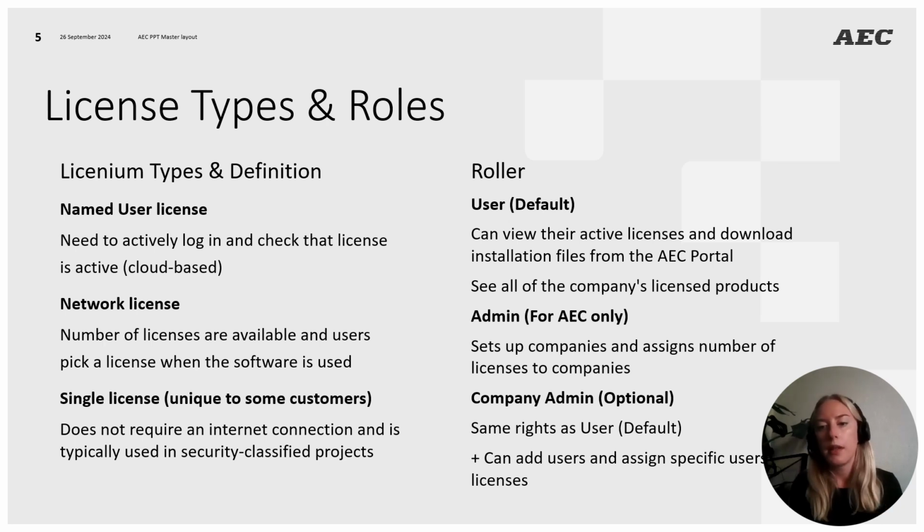You will also see what types of licenses your company has. And admin is for us at AEC. For example, when a new customer buys a product, we will set up the company in the AEC Portal, and then we will assign how many licenses and which licenses this company should have.